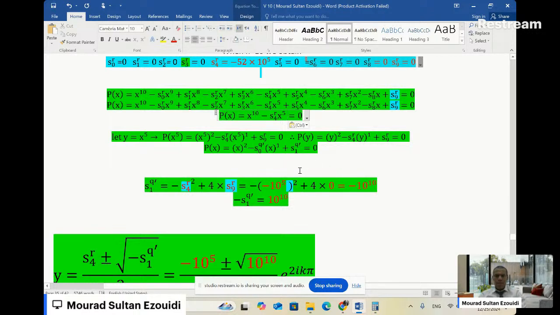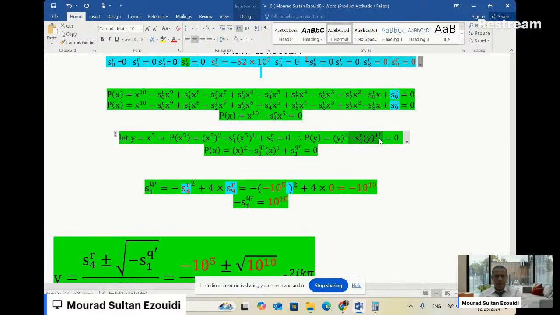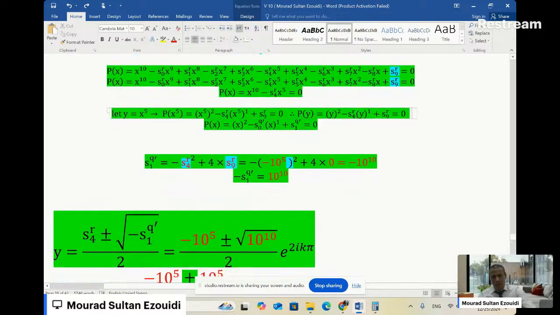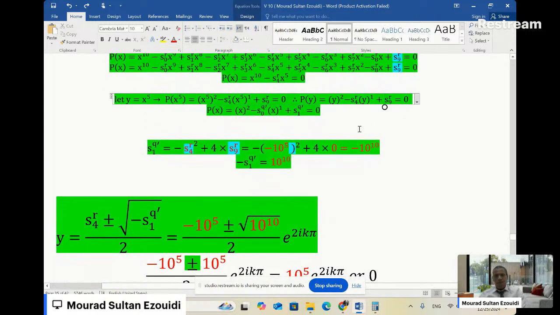it's clear that this is going to be 0 and S9 is 0. Okay, I will cancel this one and make equal. No, okay, no problem. Leave it as it is. So we consider that S9 equals 0 because here S9 equals 0. Okay, now my kids, therefore I will write my polynomial as p of x raised to the power 5 equals x raised to the power 5 squared minus S square of order r times x raised to the power 5 times x plus, of course, this is 0.